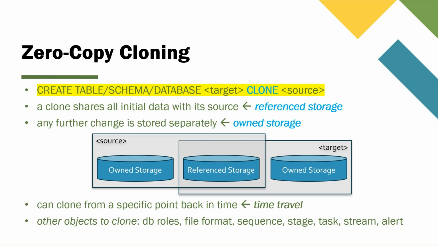But once you start changing the target and the source separately, they will add additional information in the owned storage. So when we added an insert in the source table, and when I updated the target table, this information was stored in the target. And later on, when people start selecting from this source or target, internally there is a mechanism to look first in the owned storage, and if there are no changes there, look in the reference storage.